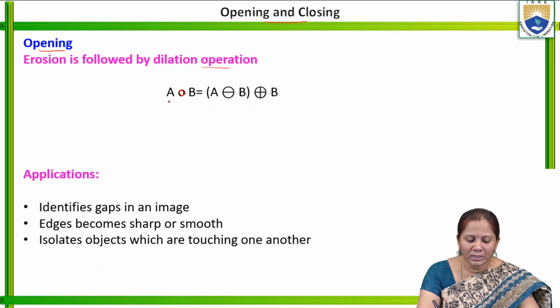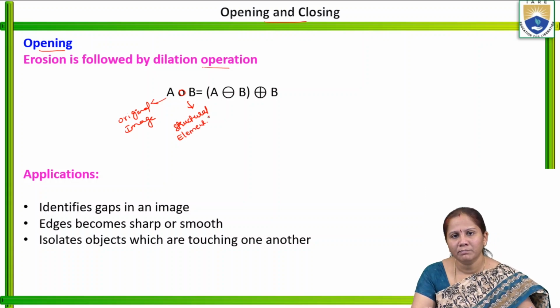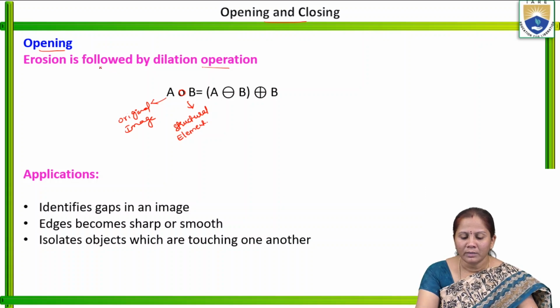So what does this mean? A represents the original image, and B represents the structural element, or we can say structural image. Here, erosion followed by dilation.